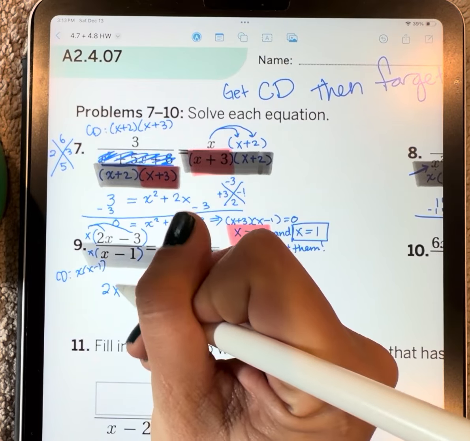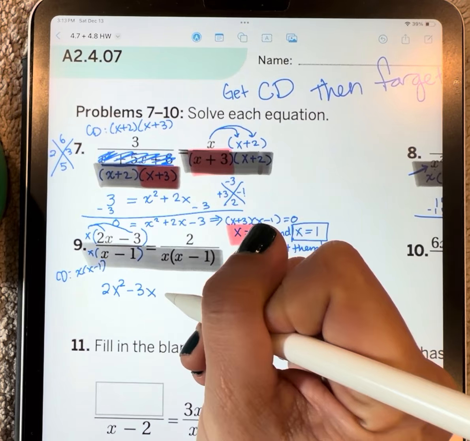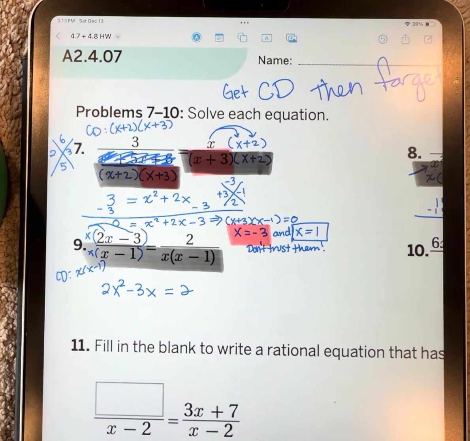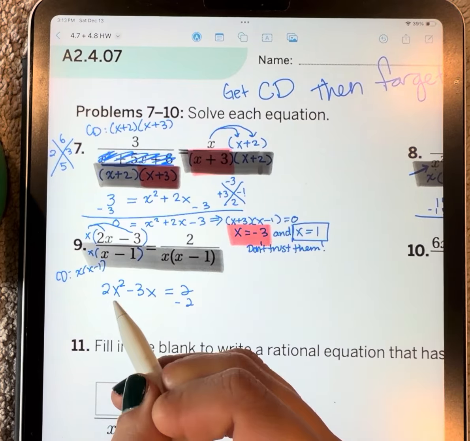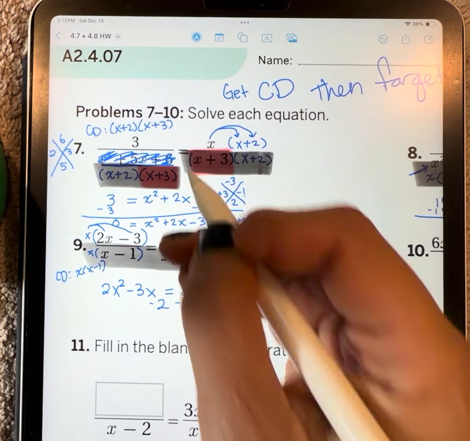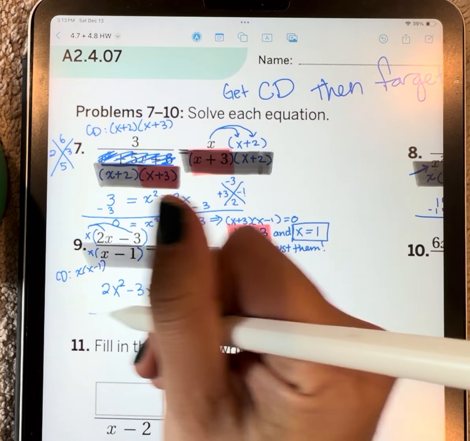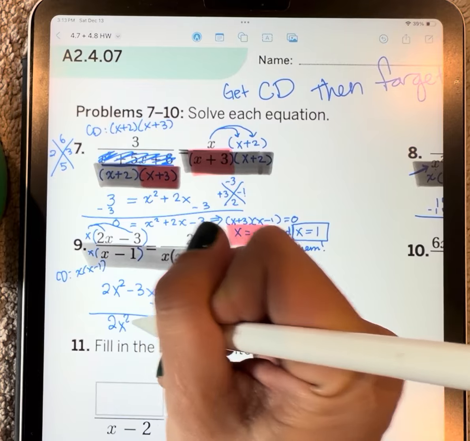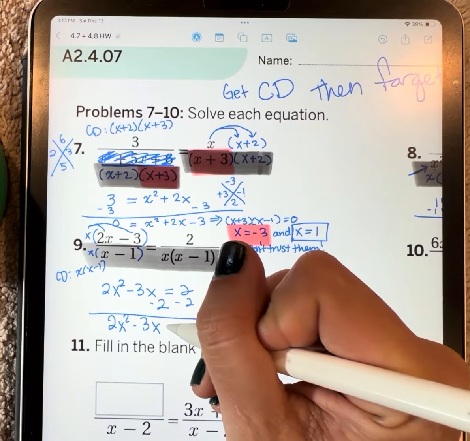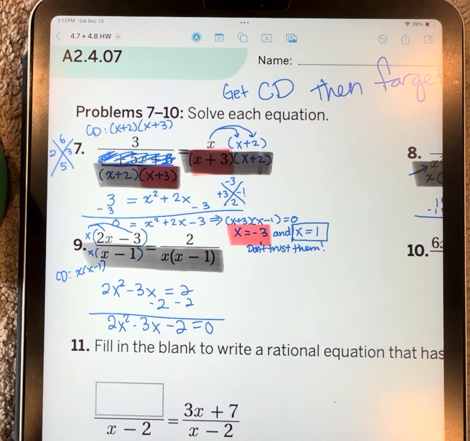I have 2x squared minus 3x equals 2. And so in this one, I got to subtract the 2, right? Because there's an x squared and there's an x. So just like these two problems. And I get 2x squared minus 3x minus 2 equals 0.